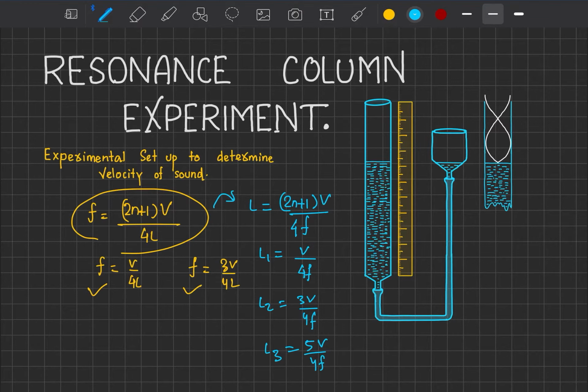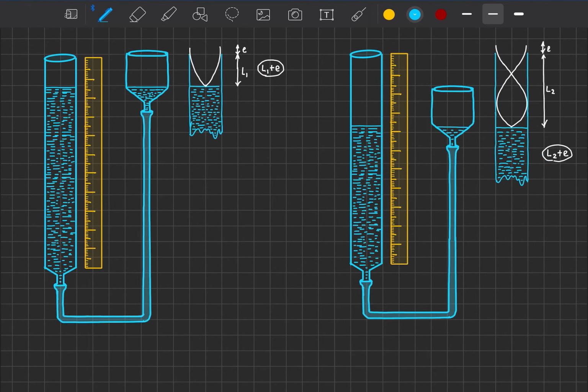Now let's go to the setup. So this is our setup. See here, we have two columns. The right side is our reservoir. Why do we use this one?